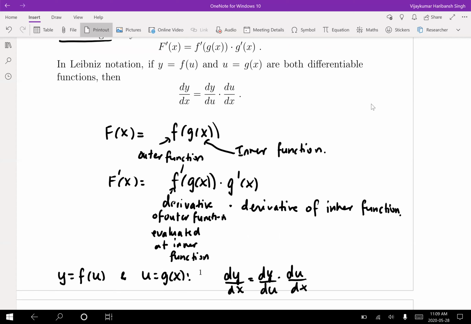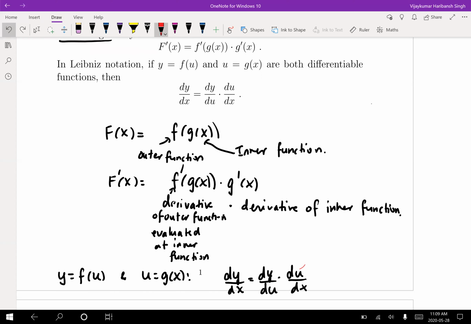It seems as if these are getting canceled, right? But that's not correct because these are not fractions to cancel. To remember, maybe this idea is helpful, but they are not fractions. So this is dy by du times du by dx. This is what the chain rule is.